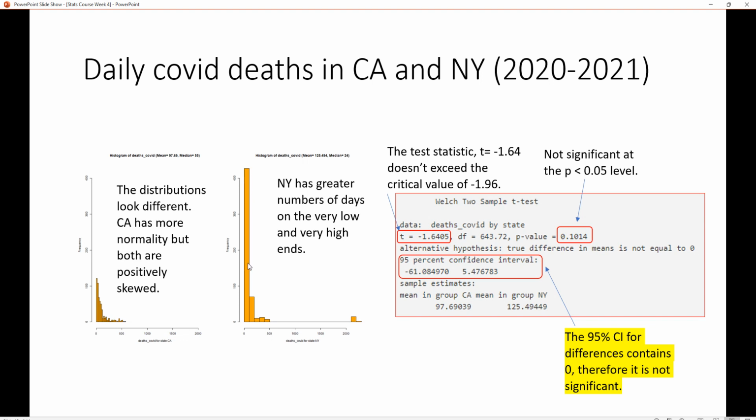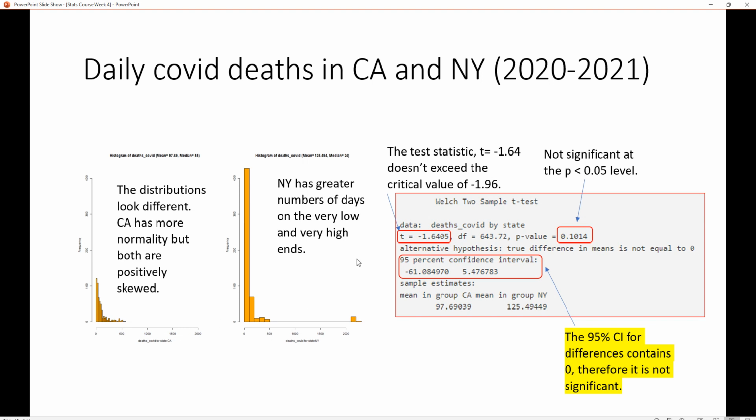I'm not sure if they're all consecutive days, but many of the days within 2020 and 2021 for New York had very low values for their daily deaths, but they also have very high values in the thousands, where California doesn't really go beyond 500.